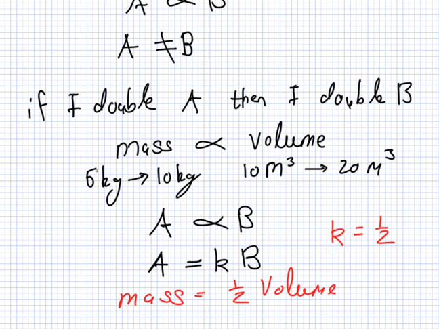For example, if the volume is 10, times a half is 5. And if the volume is 20, times the half is 10. So here the K is a half. So this K is called the proportionality constant. So that's the first piece of vocabulary.